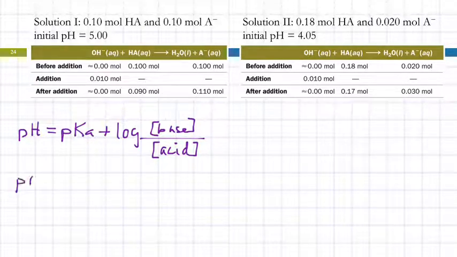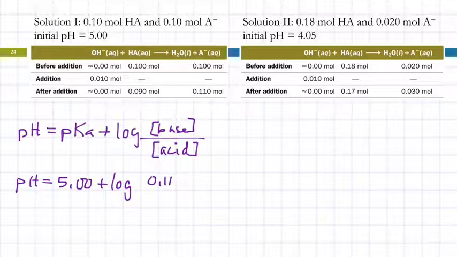So the pH here will equal pKa, which is 5.00, plus the log of 0.110 moles of the base over 0.090 moles of the acid. I'm coming up with 5.08.